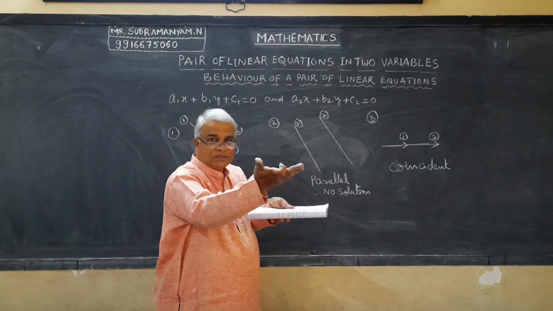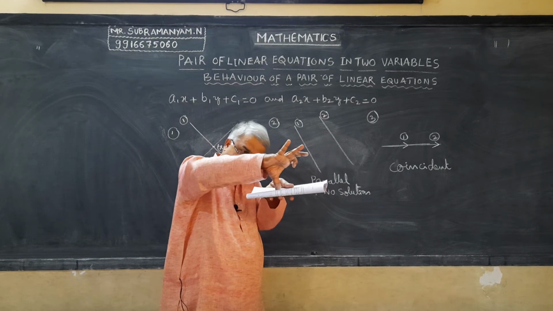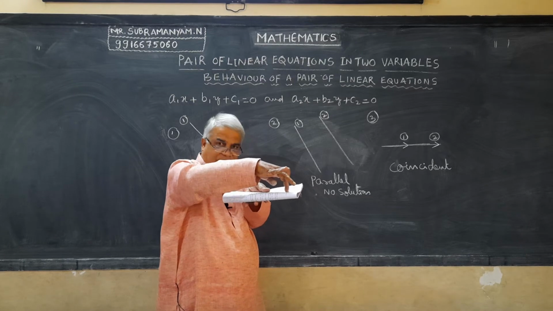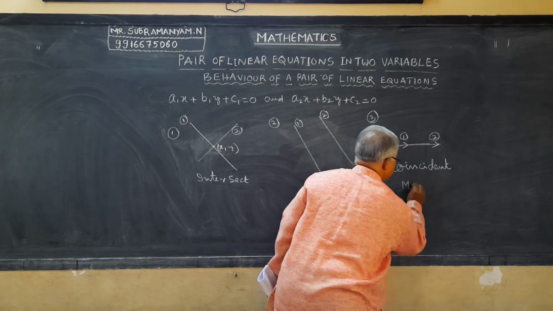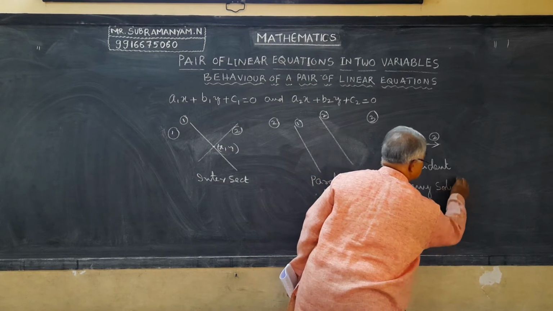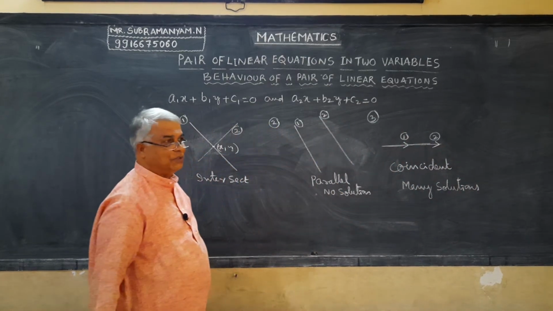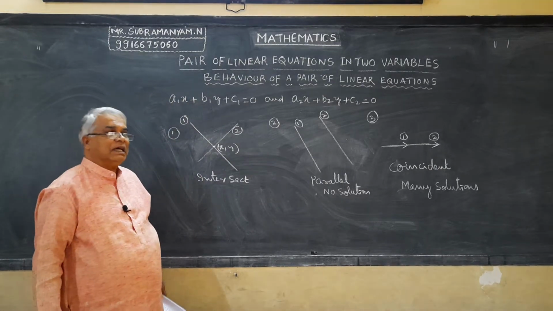When they lie on each other, we get many x values, many y values, because when I touch here, I am touching one x value, one y value. Here I touch one x value, y value. Like that, we have many solutions. That is the behavior of a pair of straight lines.